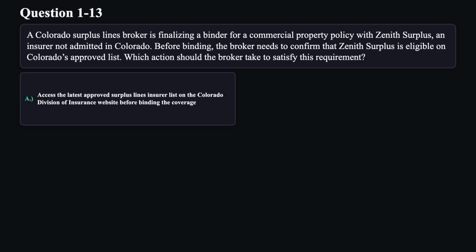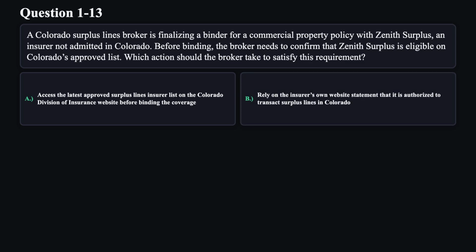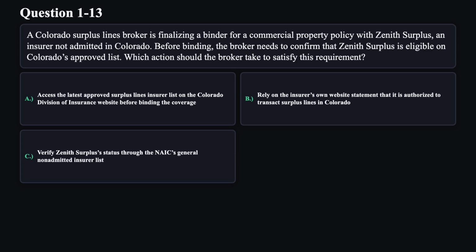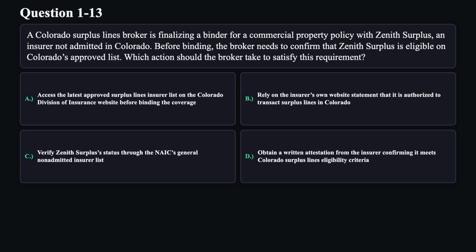A. Access the latest approved surplus lines insurer list on the Colorado Division of Insurance website before binding the coverage. B. Rely on the insurer's own website statement that it is authorized to transact surplus lines in Colorado. C. Verify Zenith Surplus's status through the NIIC's General Non-Admitted Insurer List. D. Obtain a written attestation from the insurer confirming it meets Colorado surplus lines eligibility criteria.